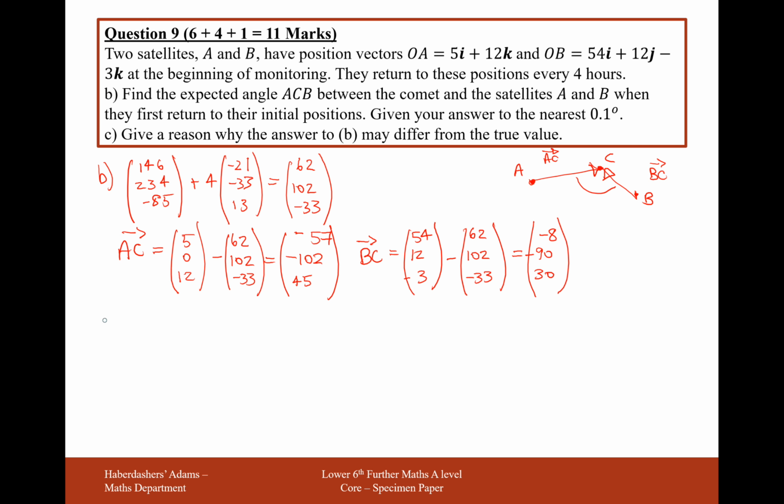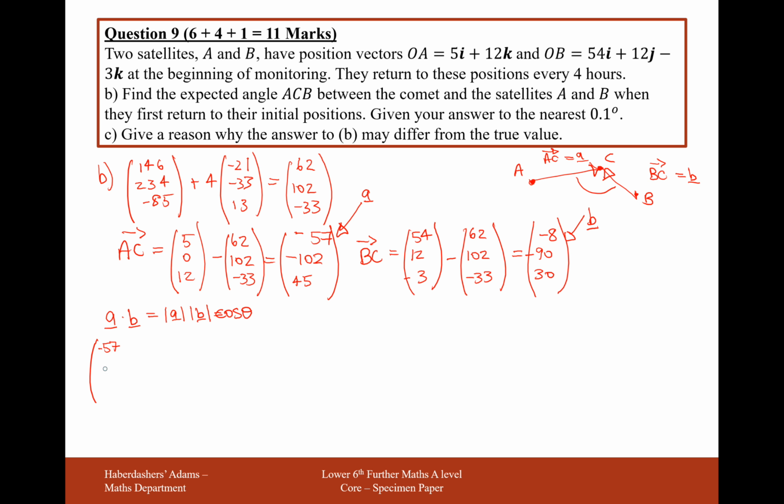So the dot product, the rule we're going to use is A dot B equals mod A times mod B times by cos theta. So we'll use this one here as our A vector and this one here as our B vector. The direction travelling from A to C and then the direction travelling from B to C. So this is going to be pretty long, but let's go.